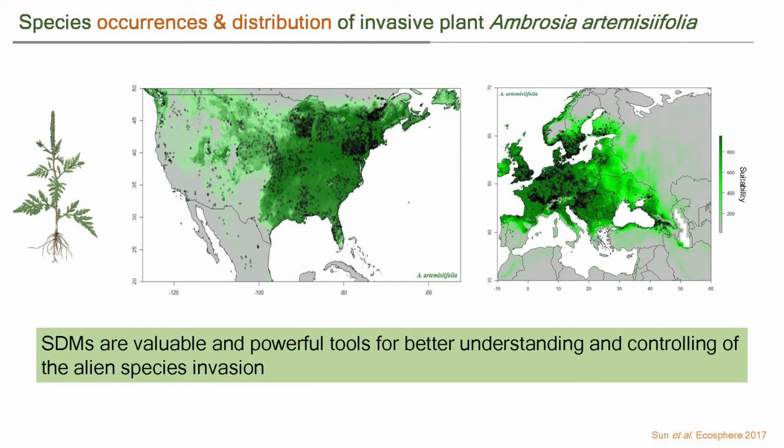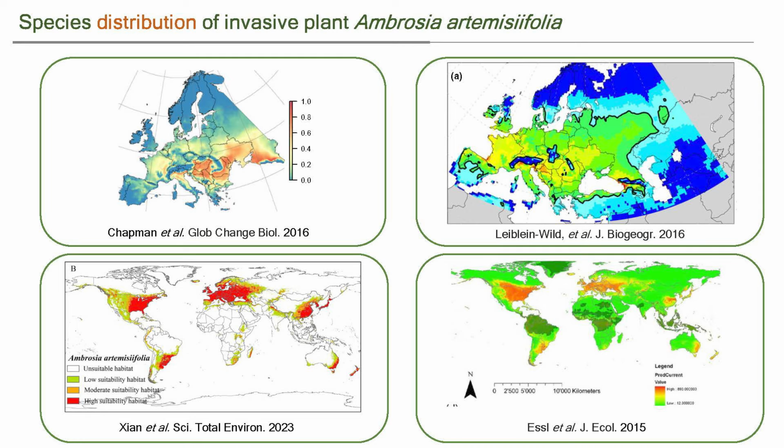I just quickly Googled it, and actually for Ambrosia artemisifolia alone, in the past several years, even this year, we still continue to have species distribution model predictions, for many reasons. Of course, to compare with other species, or to estimate their distribution in different ranges or under different climatic conditions, present or future, and so on. So it's a very widely used tool.